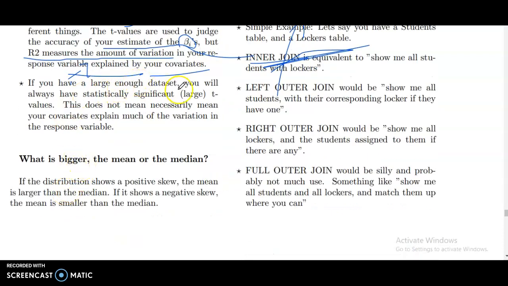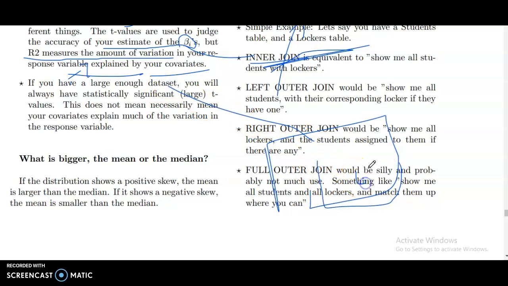If you have a large enough data set, you will always have statistically significant T values. This doesn't necessarily mean your covariates explain much of the variation in the response variable.